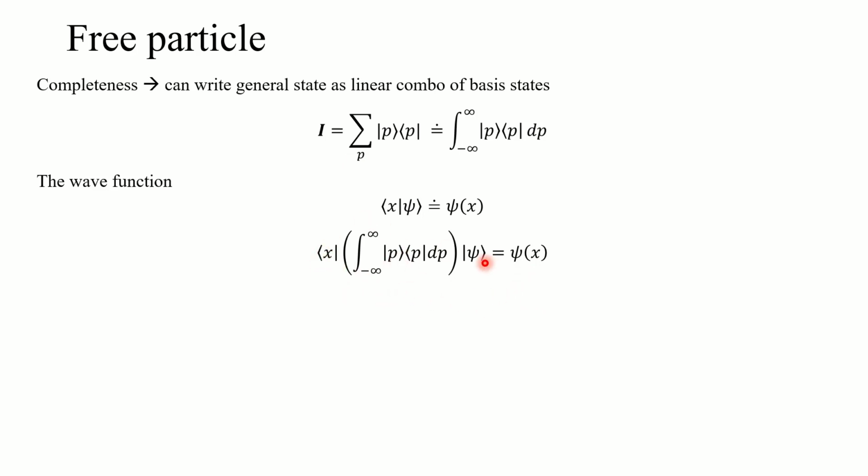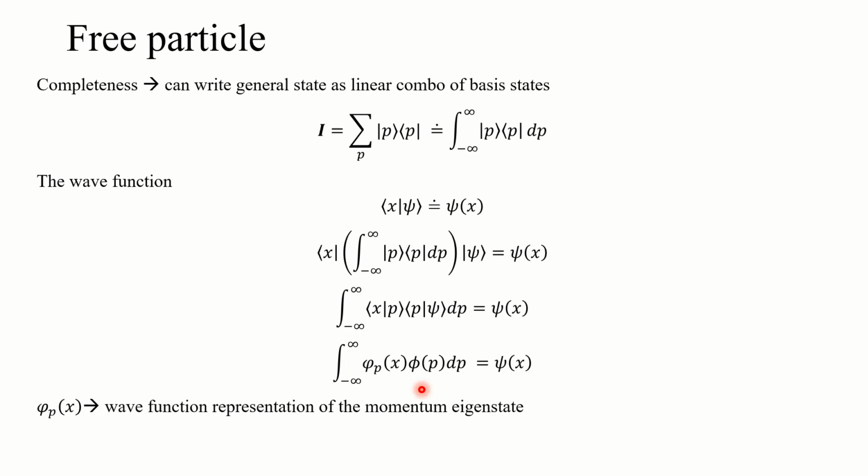We can bring the bra and ket inside that integral, and we get these two functions here, right? Or if I rewrite it this way, I have the momentum eigenfunction written in the position basis. This is the wave function for a given momentum eigenstate. And then I have this function phi as a function of p, which is essentially the state function written in terms of the momentum basis, right?